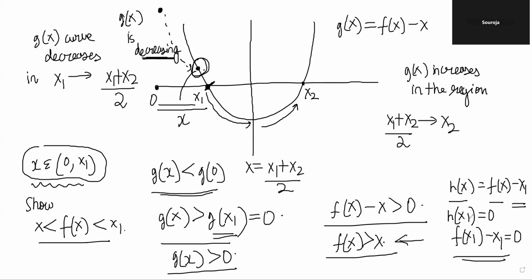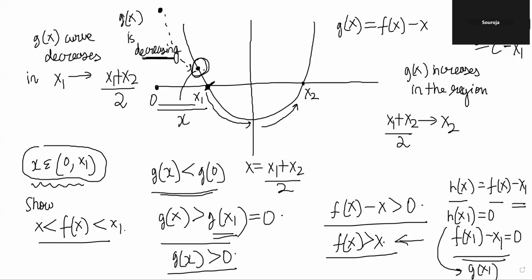So h(x1) is the same as g(x1), and both are equal to 0. We can also say that h(0), which is equal to f(0) minus x1, is c minus x1.